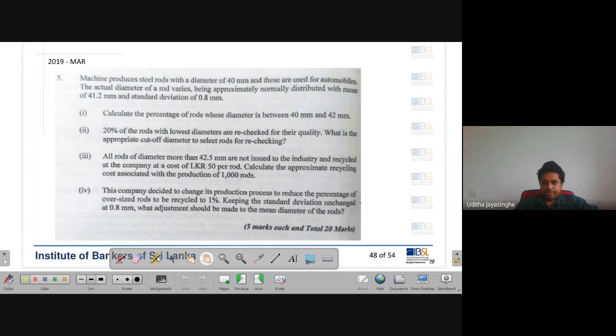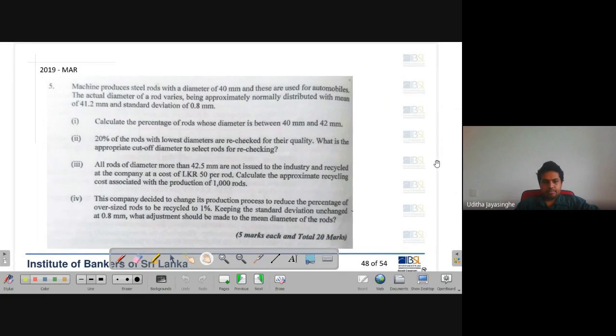This says, okay, fine, although we are anticipating the diameter to be 40 millimeter, the actual mean is 41.2 and the standard deviation is 0.8. Okay. Look at these questions. First one, calculate the percentage of rods whose diameters are between 40 and 42. We'll discuss the questions one by one, otherwise it's a bit more text.